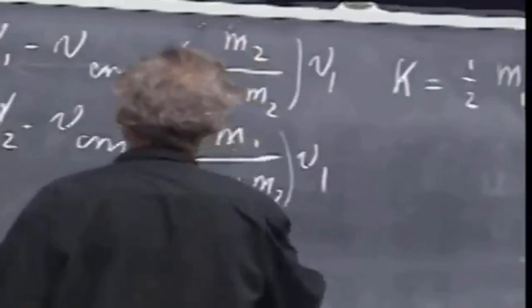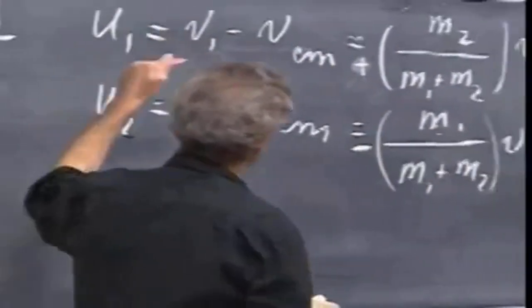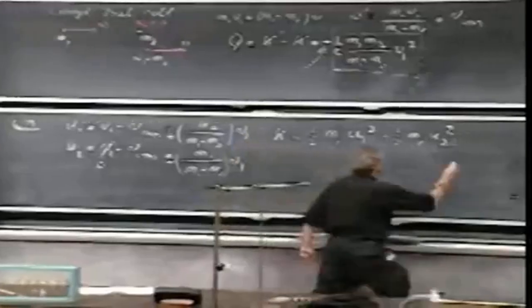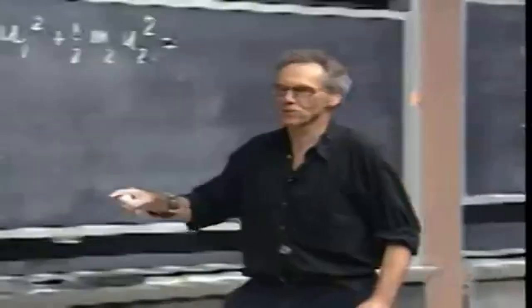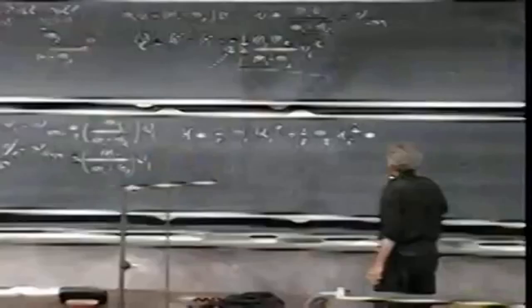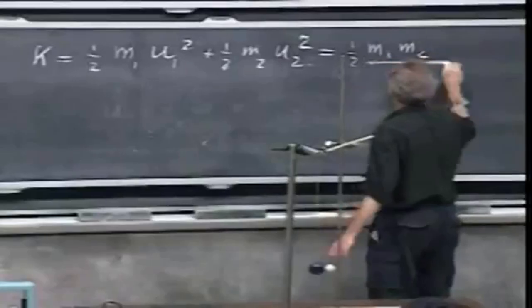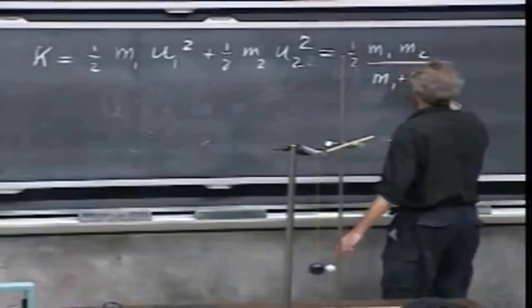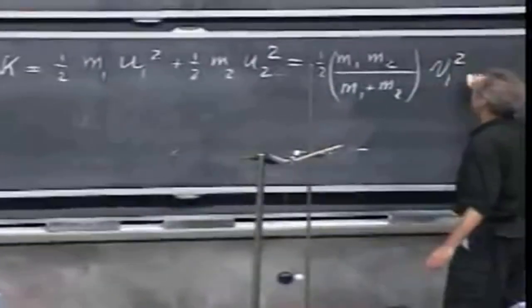Oh, by the way, this is not a minus. This is a plus sign, and this is a minus sign. This one comes this way, and this one goes in that way. Now, I can calculate that for you. You know U1 and you know U2. If there's a plus or a minus sign, it makes no difference because they cancel anyhow. What are you going to find? 1/2 M1 M2 divided by M1 plus M2 times V1 squared.